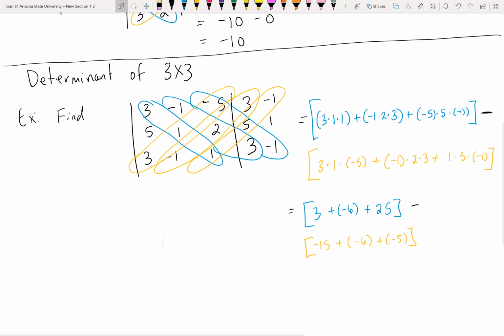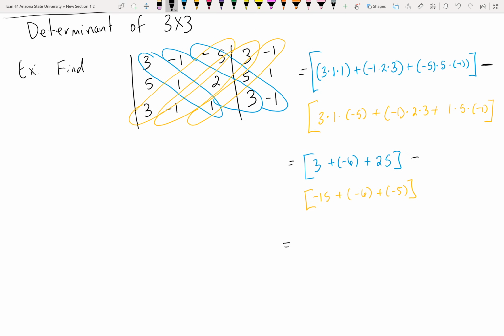And then some arithmetic, and we're home free. For the blues, if you add them all up, you should get 22. Minus, for all the yellows, if you add them all up, you should get a negative, let's see, 26. And then 22 minus -26 is 48. So your determinant is 48.